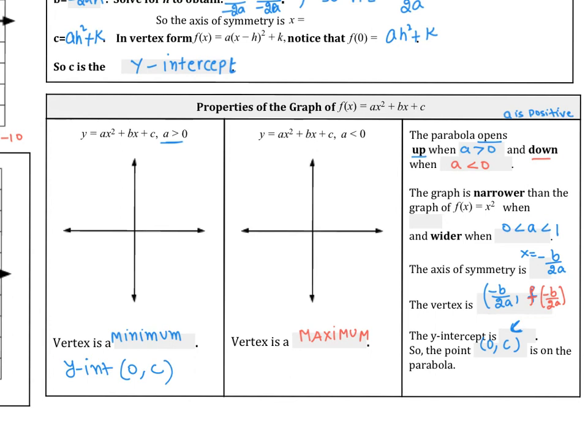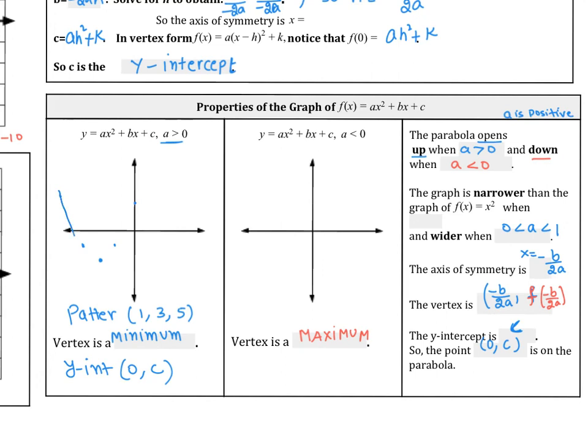So let's see if the parabola starts from here. The pattern for the graph is to go up 1, up 3, up 5. So it's going to go up 1, and then 1, 2, 3, up 3.